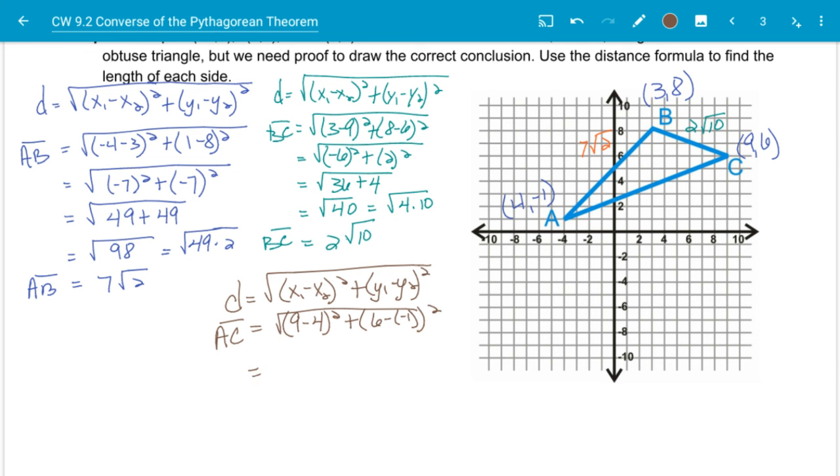So 9 minus 4 is 5 squared, plus, now this right here, 6 minus negative 1, that's going to be 6 plus 1, which is 7 squared. How do I get 7? Yeah, 6 plus 1, which is going to be 7 squared.